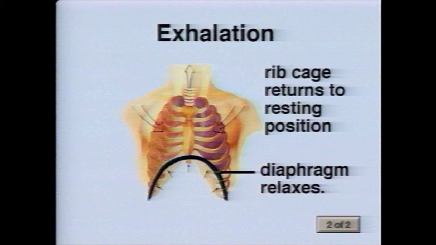So that's inhalation, exhalation. The respiratory thing to remember is that these are skeletal muscles, which means that they are largely under conscious control, even though you don't consciously think about it mostly, but in some respiratory disease that becomes an issue.